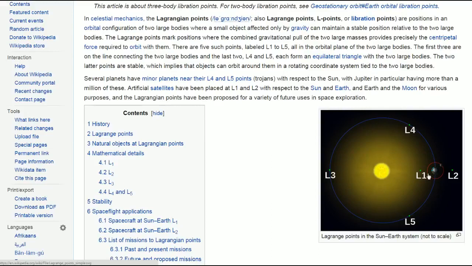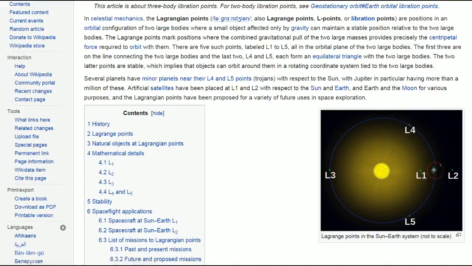Where do lunar eclipses happen? They happen at this Lagrangian point number 2. In a heliocentric model, they happen exactly opposite the sun, with the Earth directly between the sun and the moon.